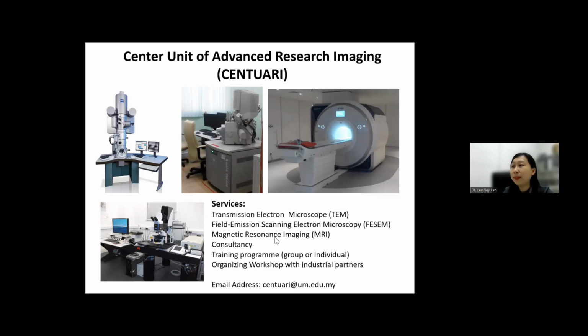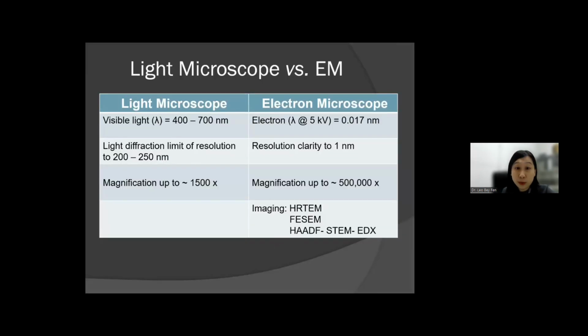So what is an electron microscope? Here shows a comparison between the light microscope and the electron microscope. An electron microscope uses electrons. The resolving power of a microscope is limited not only by lenses, but also by the wavelength of the light used for imaging.